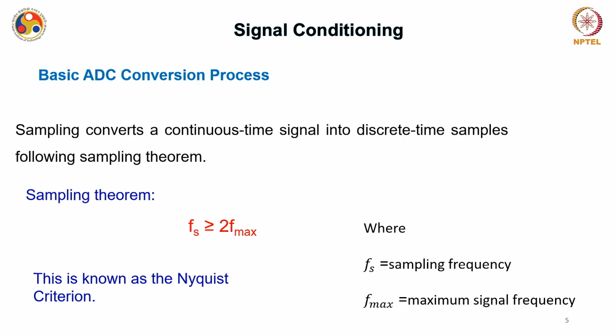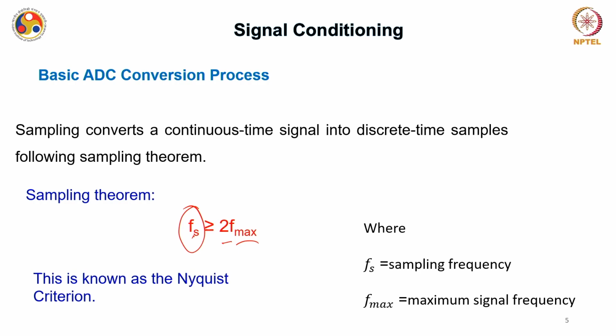So sampling is the process which converts a continuous time signal into discrete time samples, and this has to be done following a sampling theorem. The sampling theorem says that the sampling frequency Fs should be greater than or at least equal to twice the maximum signal frequency, or we call it F max. So Fs, the sampling frequency, is at least equal to twice the maximum signal frequency, or it should be larger than that.